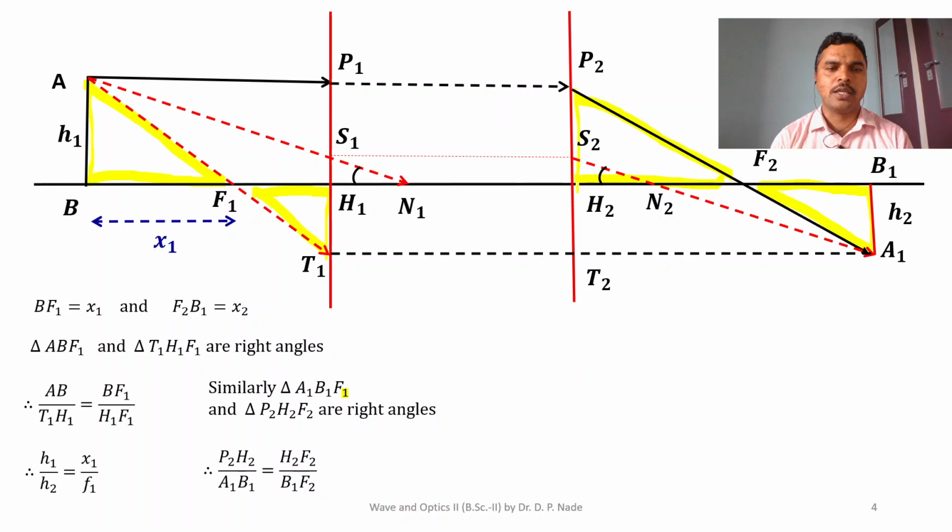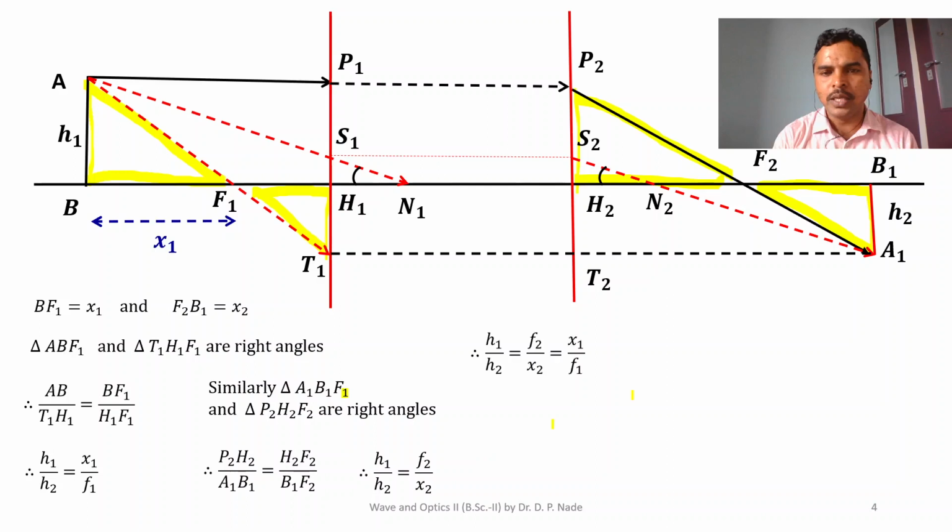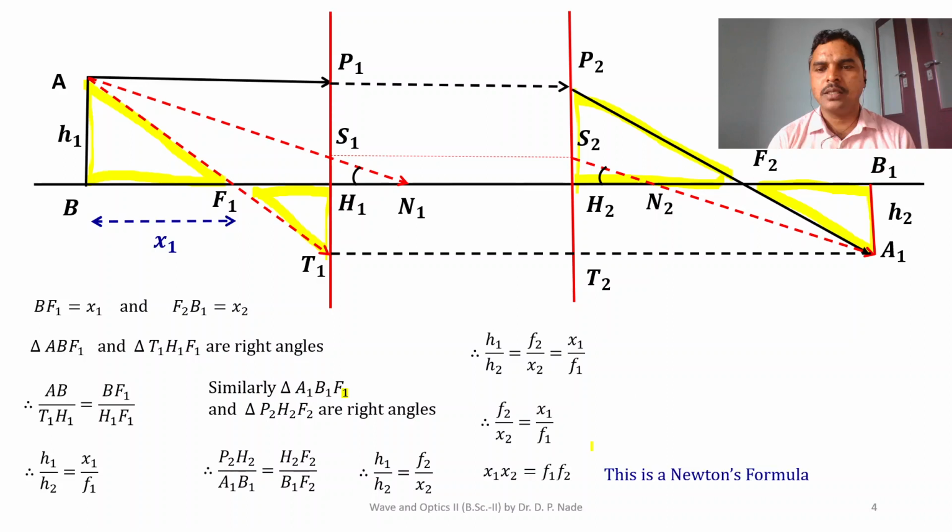So we have the equation here, H1 by H2, and here also H1 by H2. So we can compare and write simply H1 by H2 is equal to F2 by X2, which is equal to X1 by F1. By this we can write X1 X2 is equal to F1 F2. This is called Newton's formula, and if F1 and F2 are equal, then we can write x1 into x2 is equal to f square.